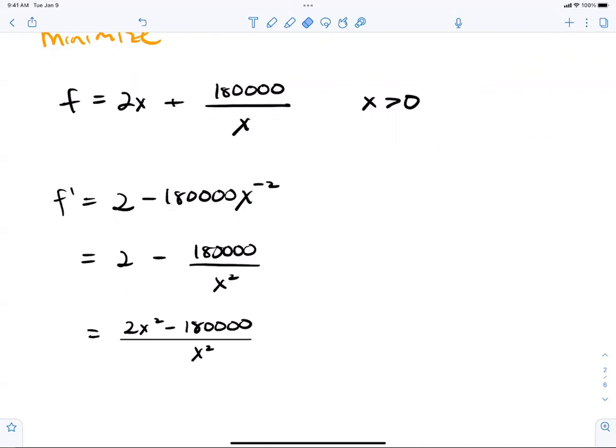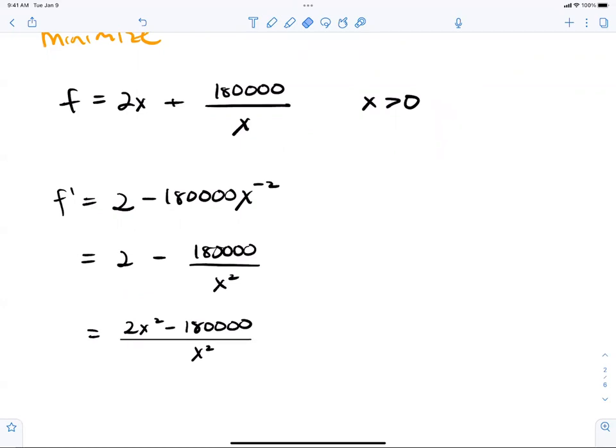When we have F prime as a fraction, we can just think about setting the numerator equal to 0 and solving to determine where F prime would be 0. And we can think about setting the denominator equal to 0 and solving for where F prime would be undefined.